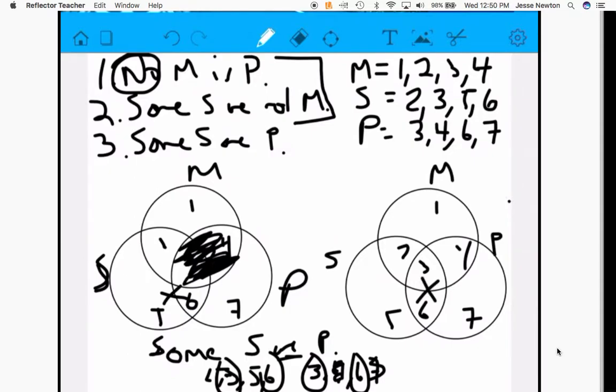Now, question here. The combined premises, in order to prove that this statement is true, it has to definitively put an X in either region 3 or definitively in 6. Does it do that? Well, no, it doesn't put an X in 3 because it shaded that out. Now it has an X right here on the border between 5 and 6, but is that definitively in 6?